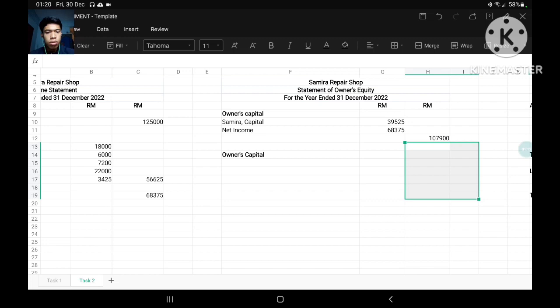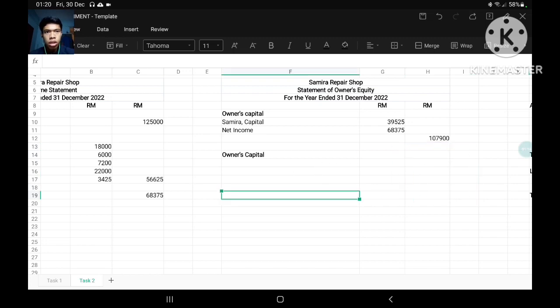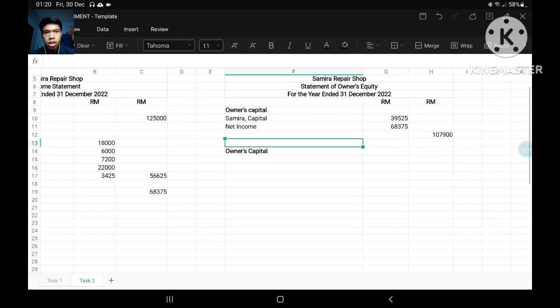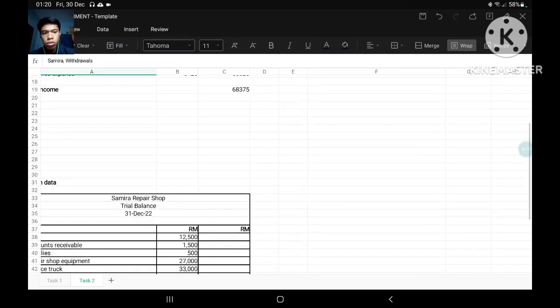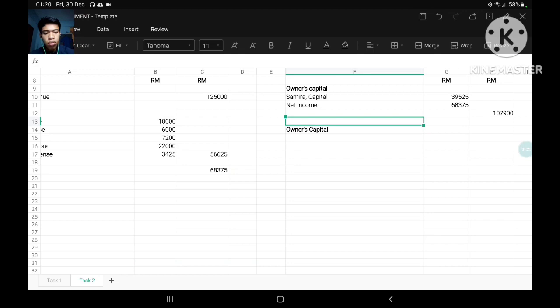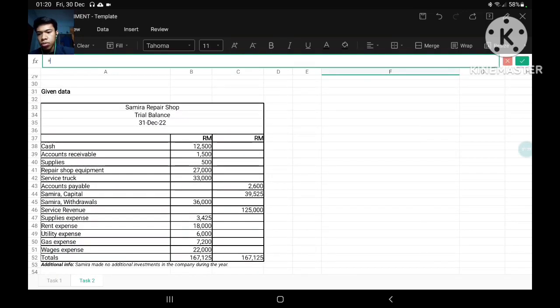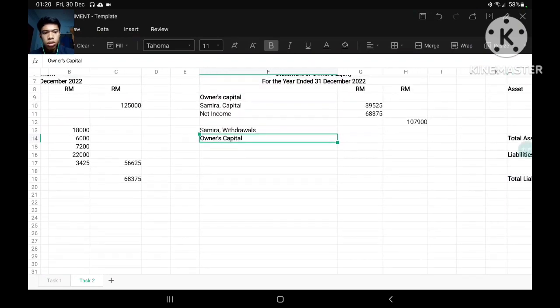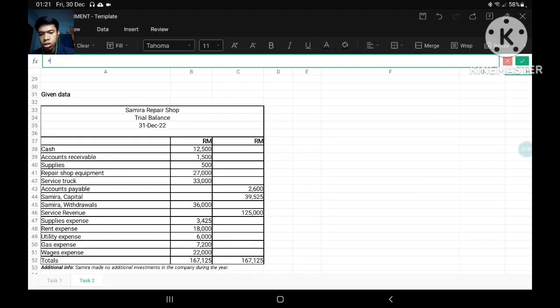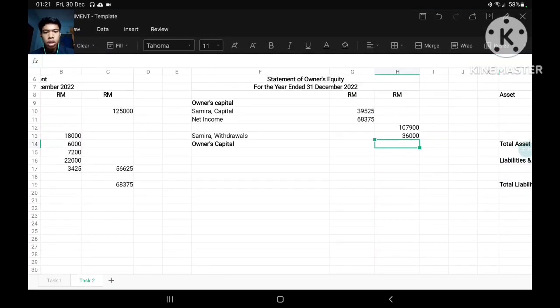Okay, next we take the Samira withdraw. We just equal, take the Samira withdraw and enter. Take the amount, equal, enter.